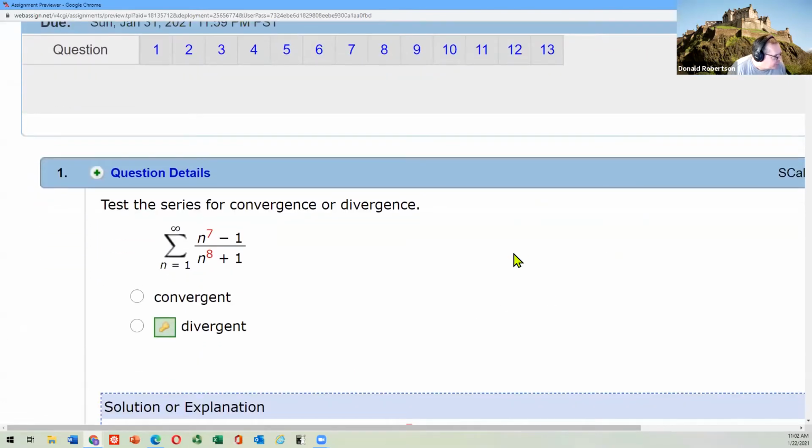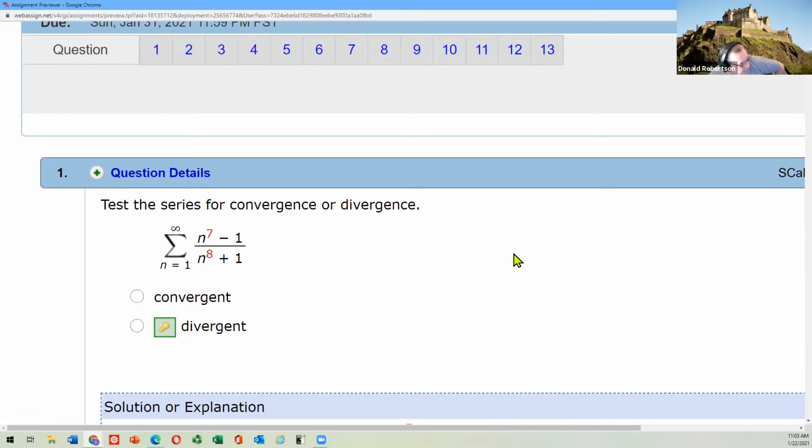Essentially what you're going to be looking at are questions which are similar to all the sections you've done in chapter 11 to do with series. The main difference here is that you need to decide what technique, what test, you're going to use.